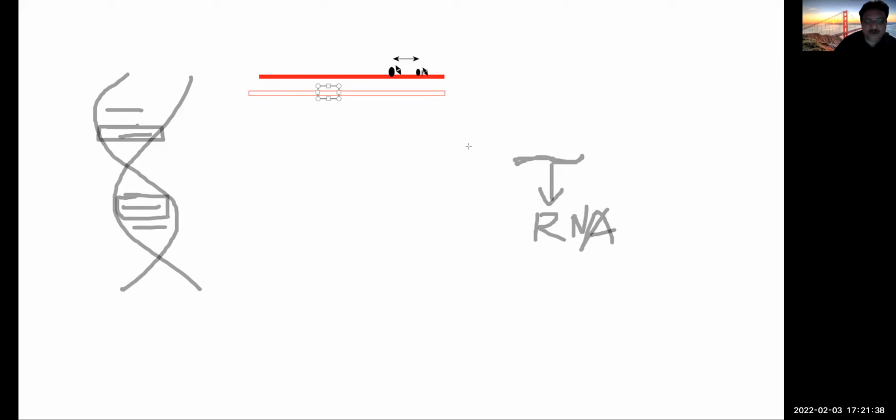So let's say there's one copy of a gene, right? And then scientists got the tools to amplify this one copy of gene into more than 1 million copies, millions of copies, in a few hours, right?